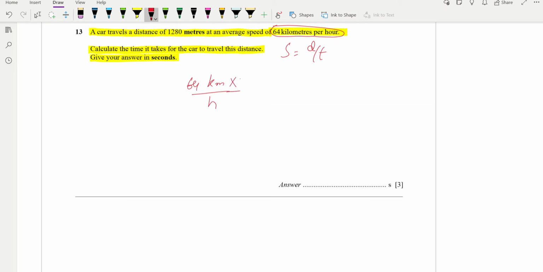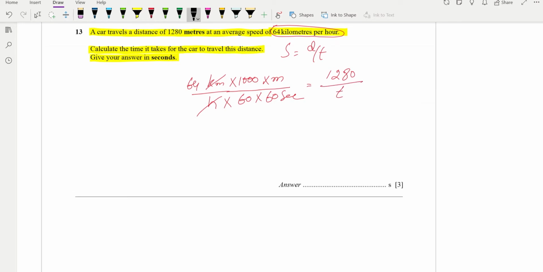To change kilometers into meters, we multiply by 1000, and to change hours into seconds, we multiply by 60 and again by 60. This will be equal to distance, which is 1280 meters, over time t.